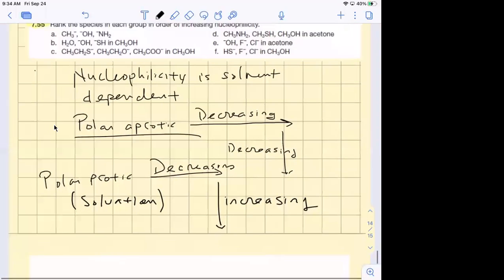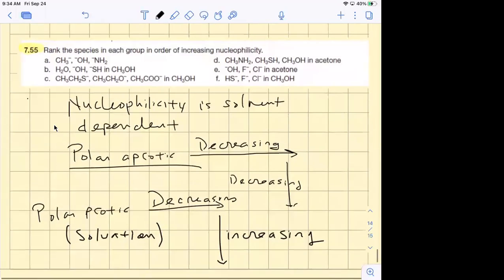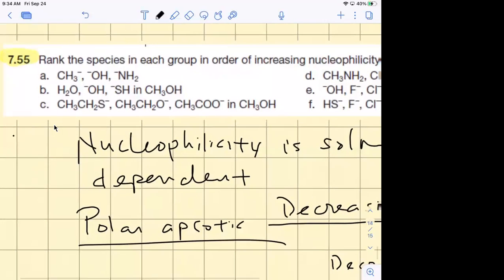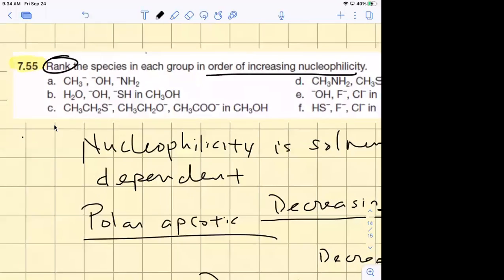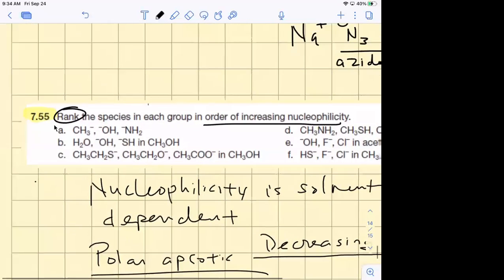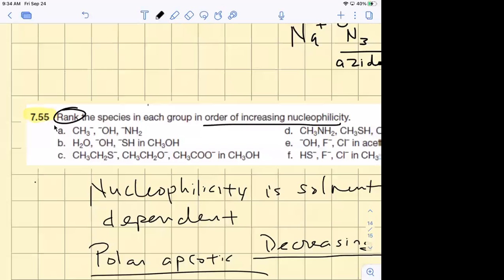So let's look at the examples. It's asking us to rank them in order of increasing nucleophilicity, right? So when you look at carbon, oxygen, and nitrogen, the periodic trend is C, N, O, and then fluorine.